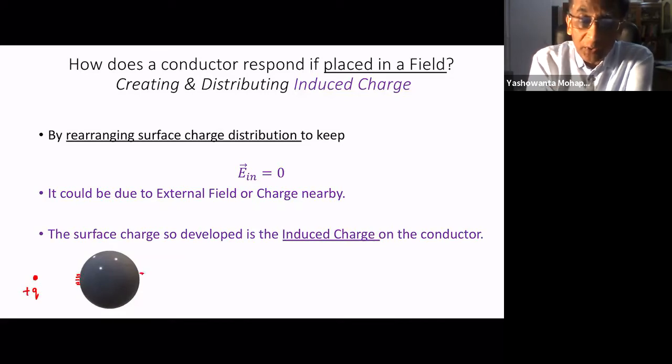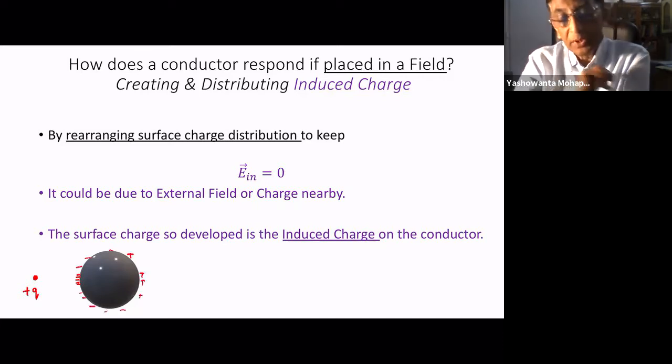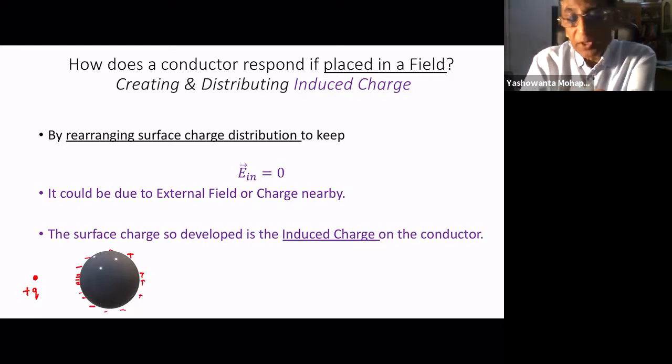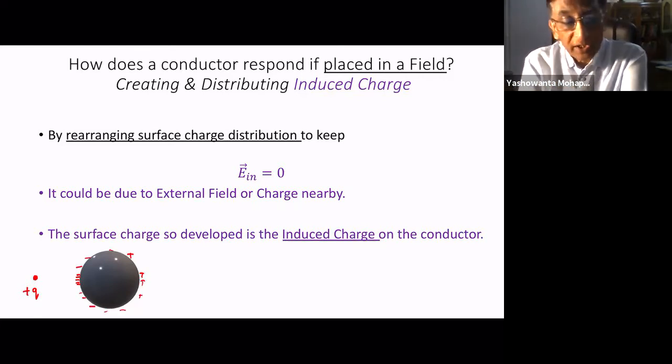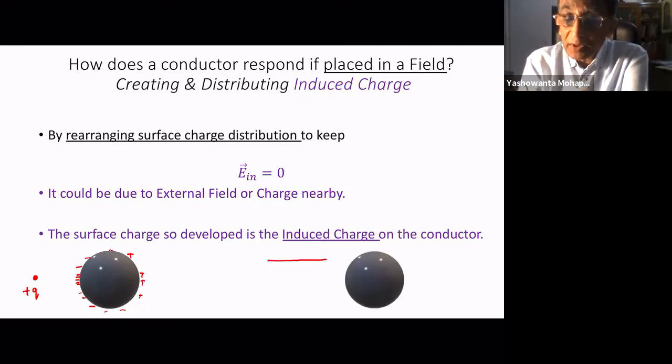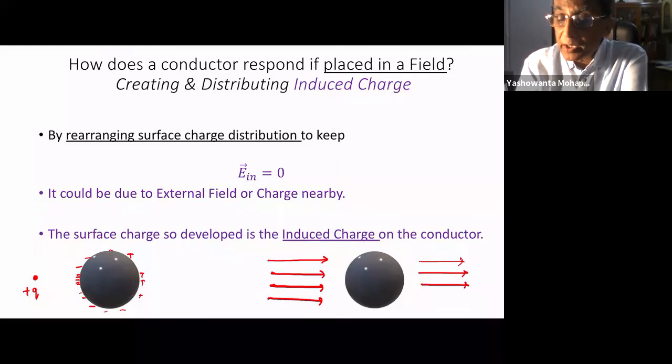So there will be some distribution because of the presence of this charge. But it could also be an electric field, and we do not know from where. Let's say inside this electric field I put a conductor.